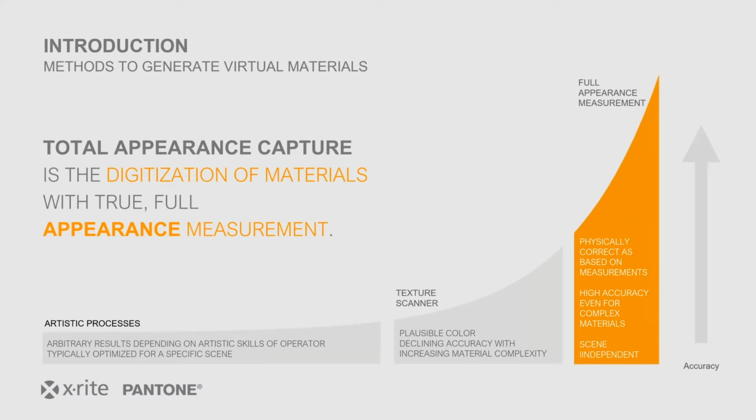As we move closer to wanting true physically correct materials, the next step was to use things like a texture scanner, whether that was a flatbed scanner or just a camera setup. But now we have our total appearance capture system, which is doing full appearance measurement, making them physically correct, giving you the confidence to use these materials in digital production and for visualization.